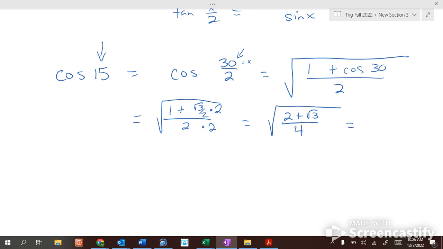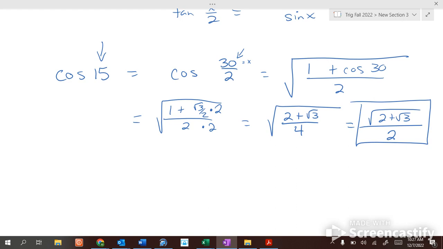And then we'll just take the square root of the top, which is 2 plus the square root of 3, and the square root of the bottom, which is 2. And there we are. You got a square root inside of a square root, and you're stuck with that. That's just the way it is for these. That'll happen on these. Okay?